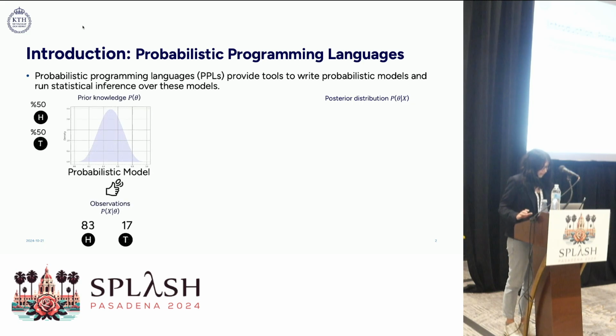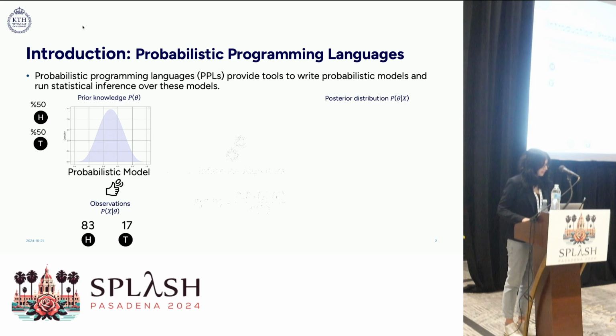So what can you do in a probabilistic programming language? We can embed this model, which consists of our observations and the prior knowledge we have, on coins, but of course in the real world there are more complicated models, like biological models such as phylogeny in evolutionary biology.